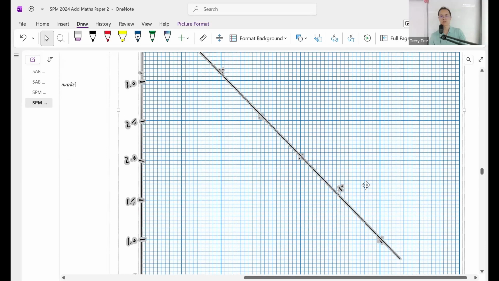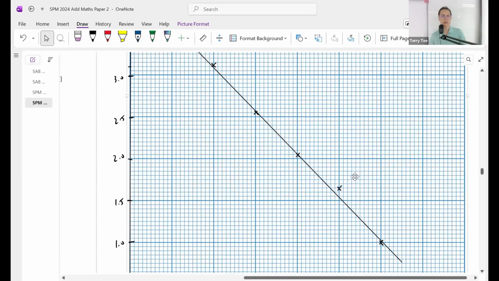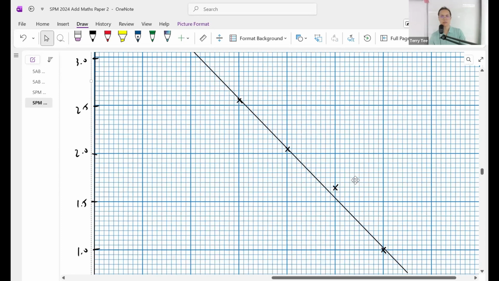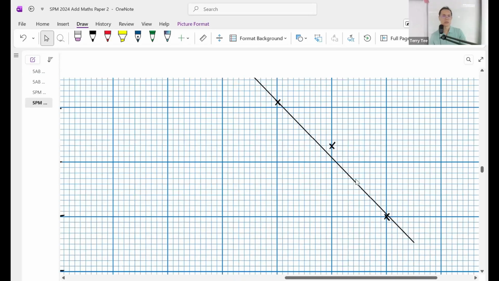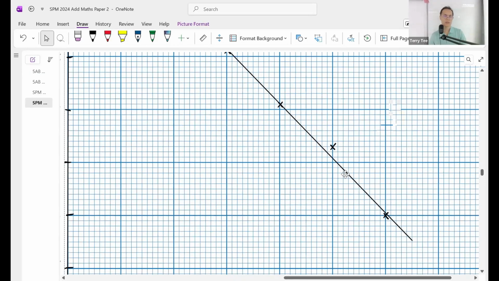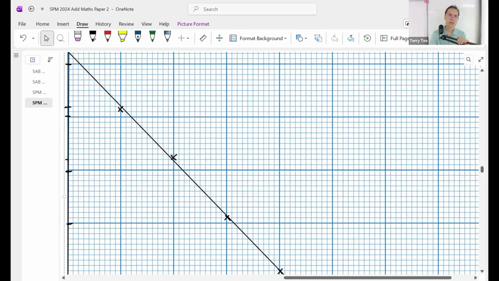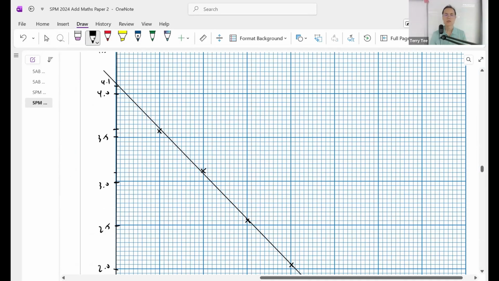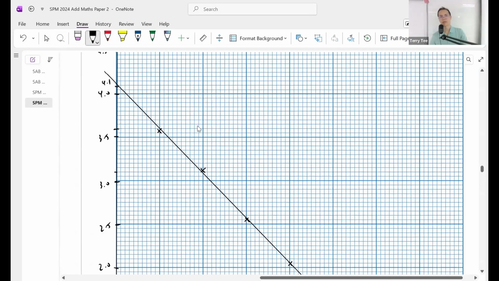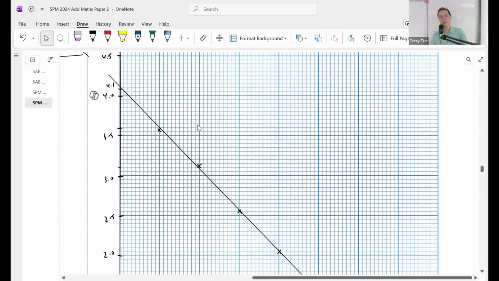Still, this point, the 1.64, is still a problem. My y-intercept looks like 4.1. So okay, I think I'll just take this. Yeah, 4.1. Or 4.15. 4.15 is okay.